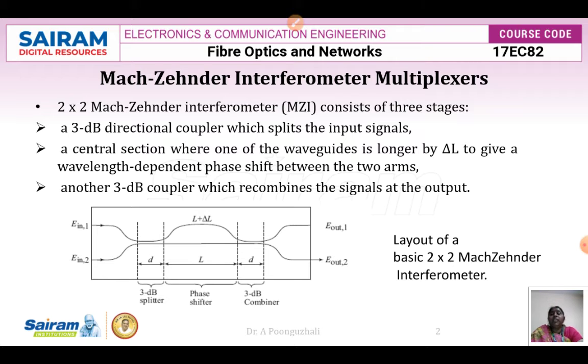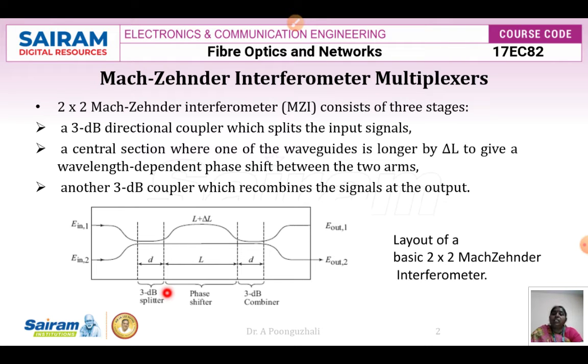This multiplexer can be either an active multiplexer or a passive multiplexer. Basically a 2 cross 2 Mach-Zehnder interferometer consists of 3 stages, where the first stage is a 3 dB directional coupler, whose function is to split the input signals.